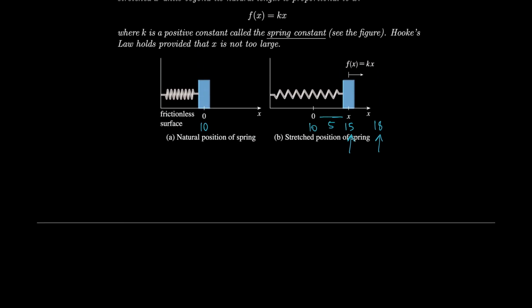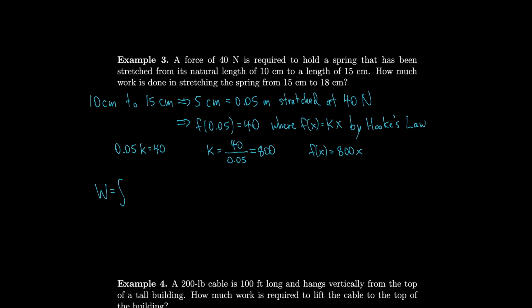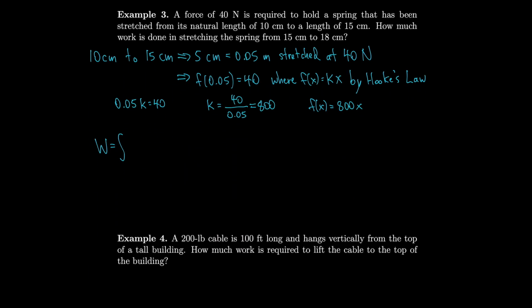At 15 centimeters, we've stretched 5. At 18 centimeters, we've stretched even more. We've stretched 8, because we stretched 3 more. So that means our integrating has to happen from 0.05 to 0.08, because we integrate how much we've stretched.